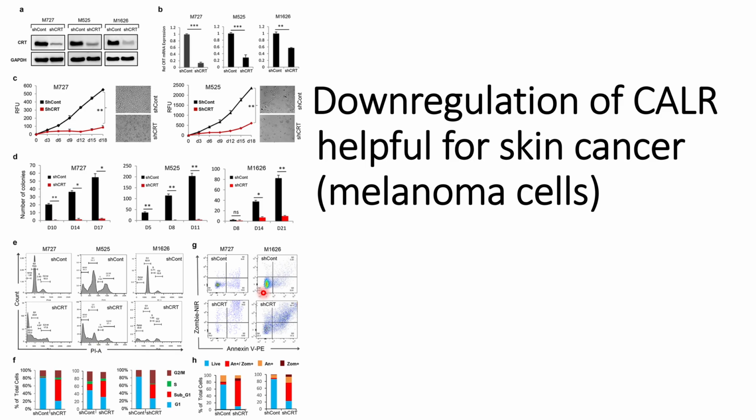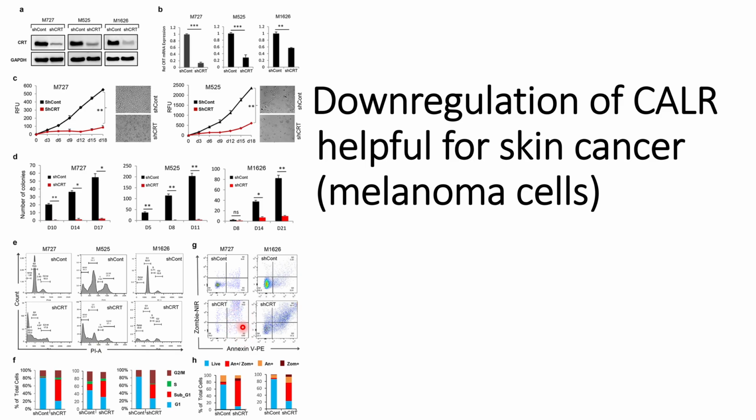When the cells are treated with the SHCRT, or whenever the calreticulum is downregulated, we can see that live cells are less and cells can be found in other conditions, and these conditions are the apoptotic condition. This one is the late apoptotic condition, and this one is the early apoptotic condition.